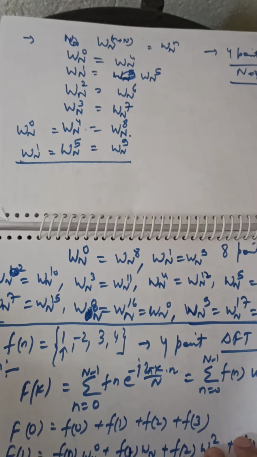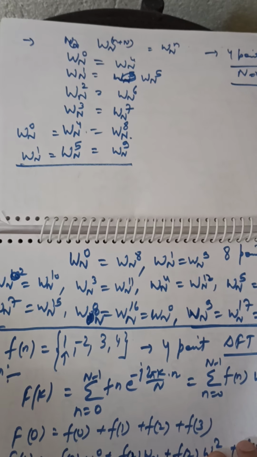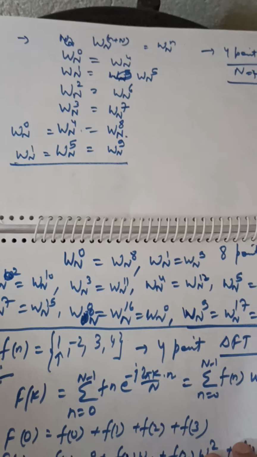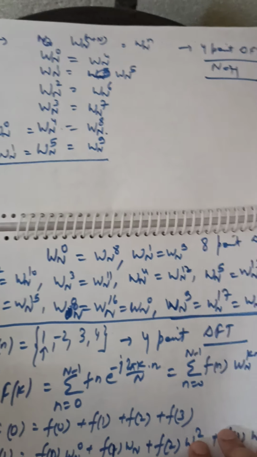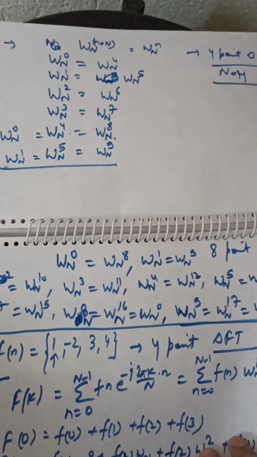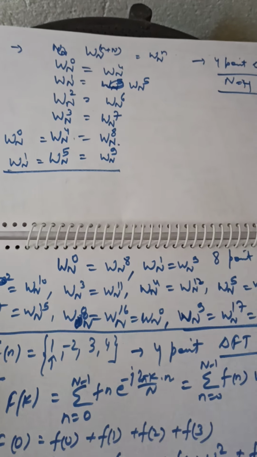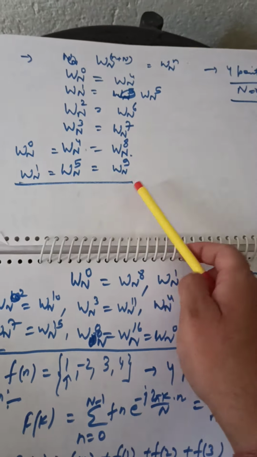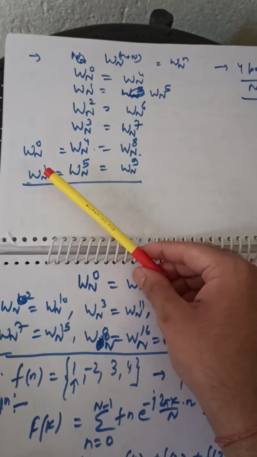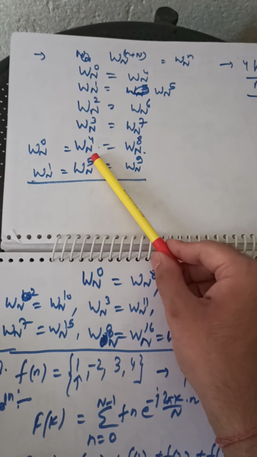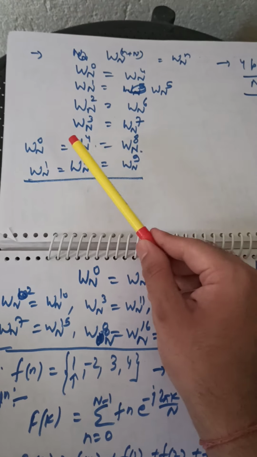So it will repeat itself after 4. wn to the power 1, and we are varying this 1 by 4 points, so we are getting wn5. Similarly wn2, again we are varying it by 2. So you can easily understand that wn4 will equal wn8 and wn0.